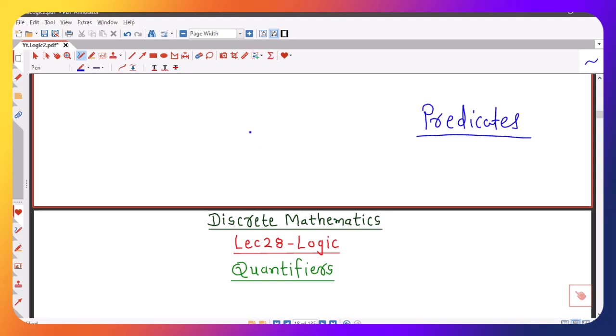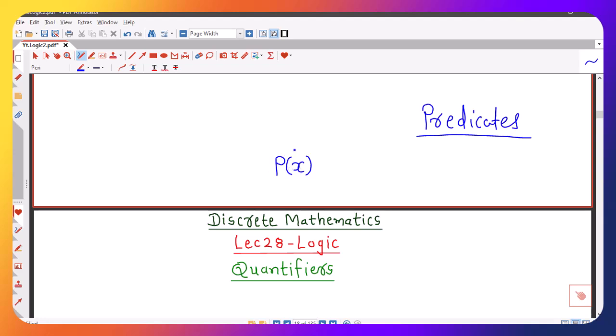And we are familiar with statement function also. Statement function is denoted by a capital letter for the predicate, and in the bracket we write the corresponding variable. So if I am writing capital P of x, then P is the predicate and x is the variable.